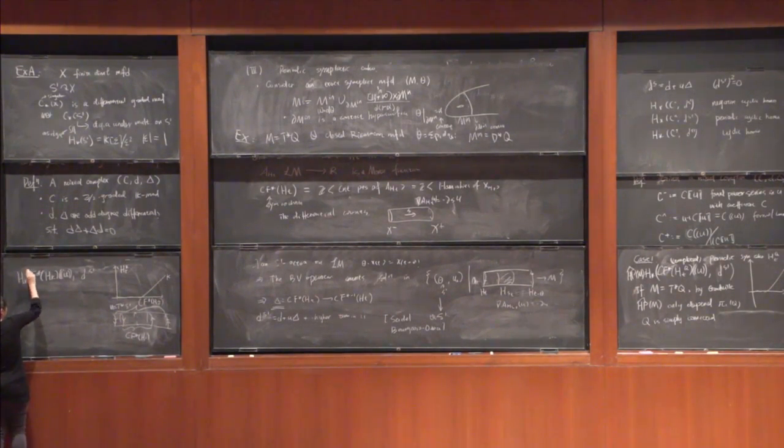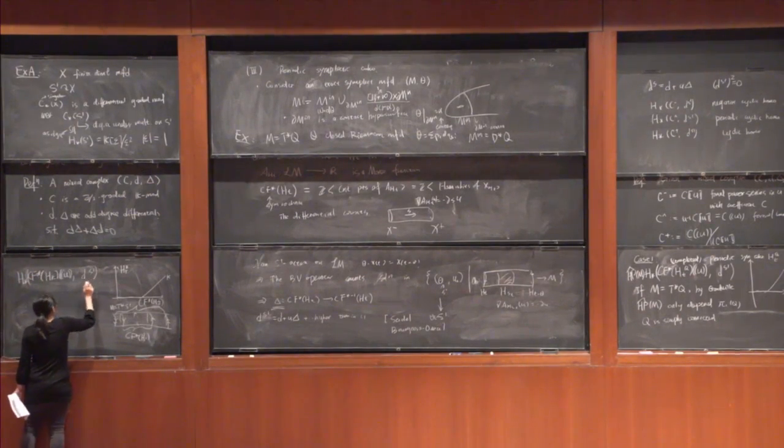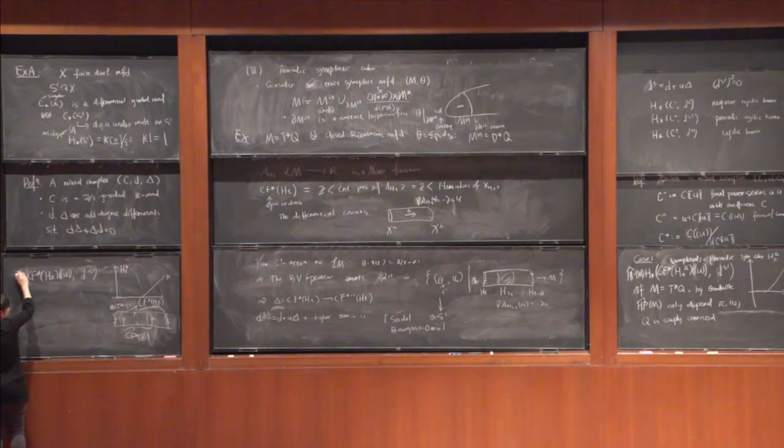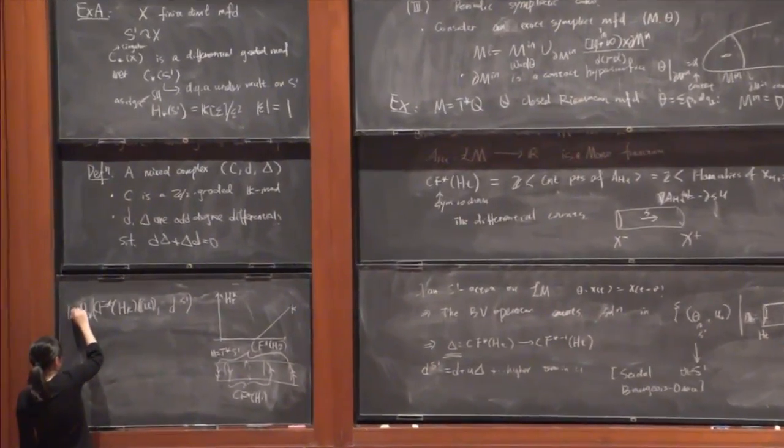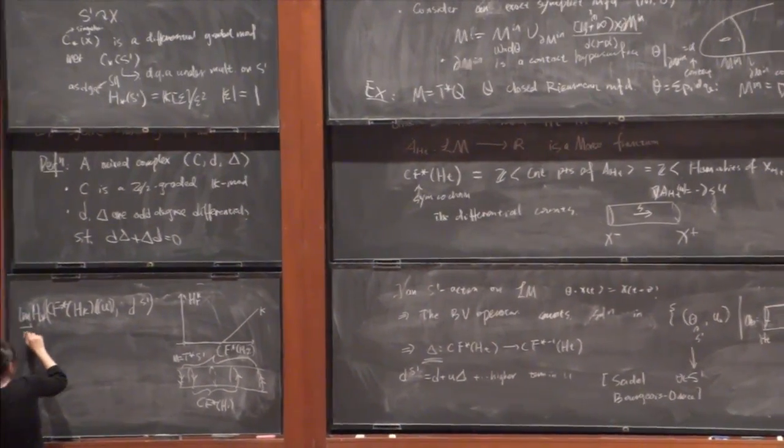And I first will pass to homology with respect to this, but somehow my chain complex still depends on the Hamiltonian that I take. Then in the end, we're just going to take a direct limit over k.